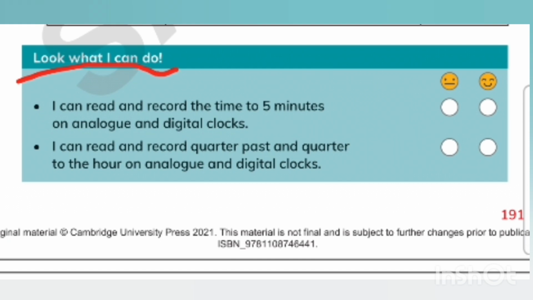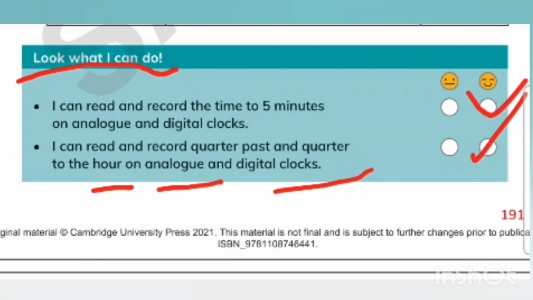Can you? Yes. And I can read and record the quarter past, quarter to the hour in analog and digital. Yes. So if you can understand, be happy. Why are you taking tension?